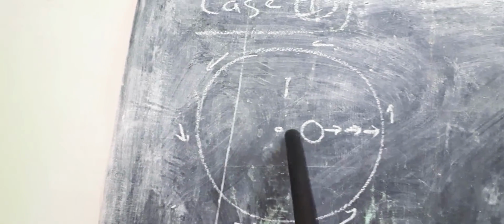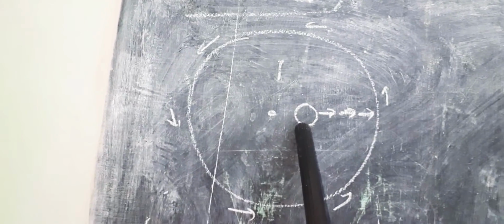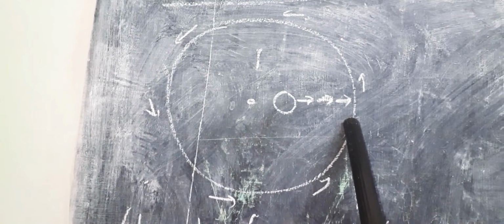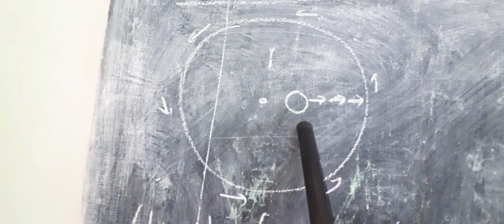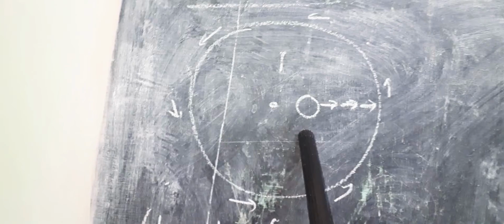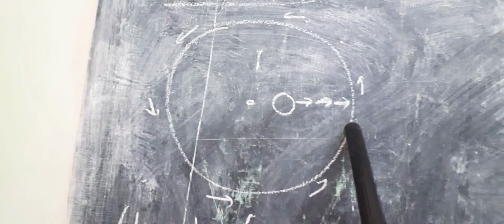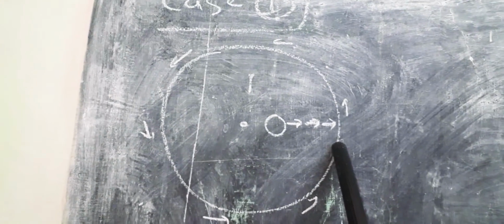So there must be something responsible for the motion of this coin towards the edge. That something is nothing but the centrifugal force. So centrifugal force is responsible for the coin moving away from the center of this circle. We have seen this concept in the article on centrifugal force.